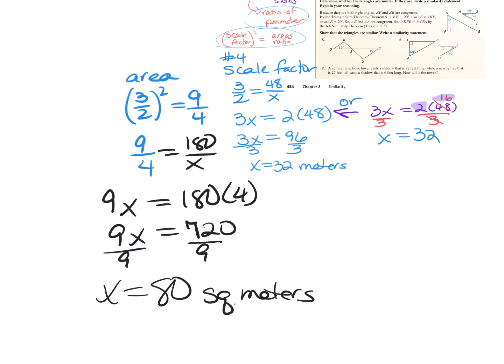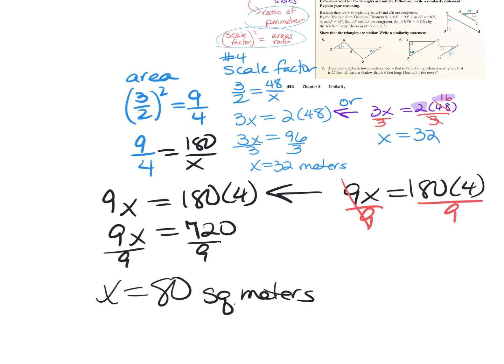Now, if you didn't want to multiply this, you could have left it like this, and then when you divide by 9, that cancels, and then I could have simplified 9 divided by 9 is 1, 9 goes into 180 20 times, so then it's just x equals 80. A little simpler way to do calculations without a calculator. So that was number 4.